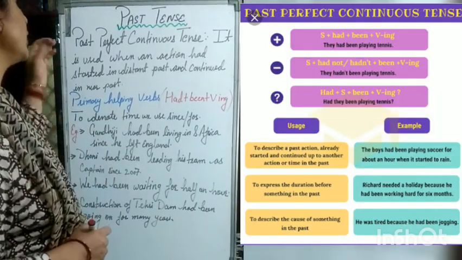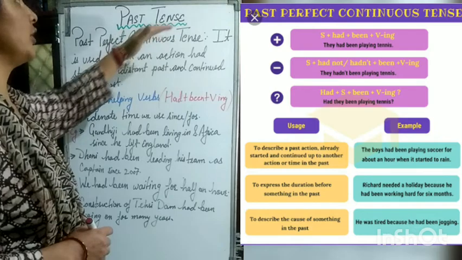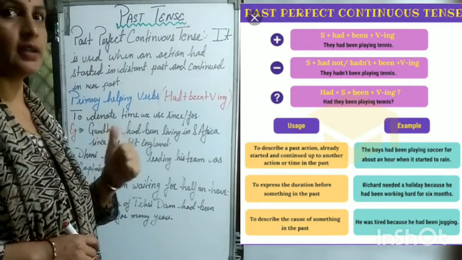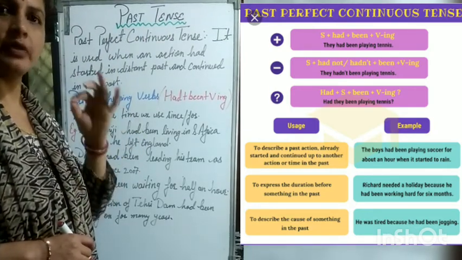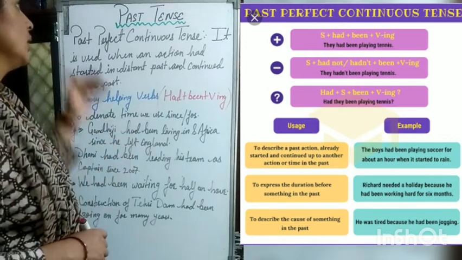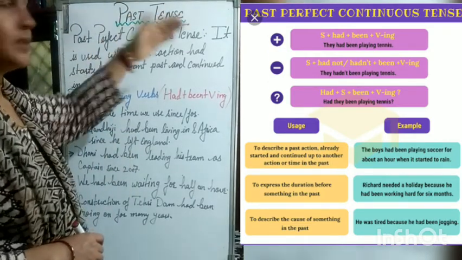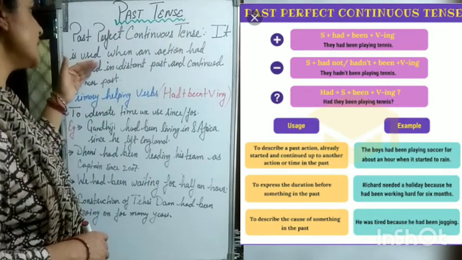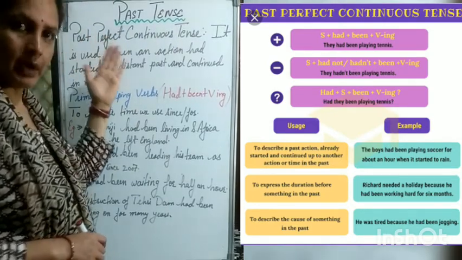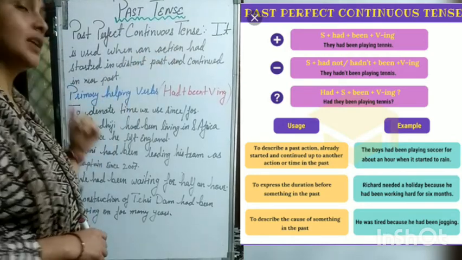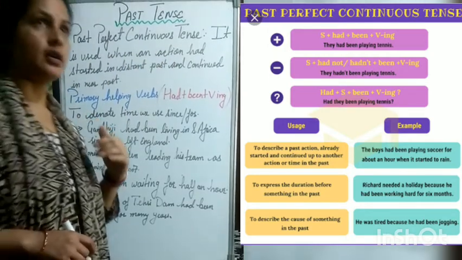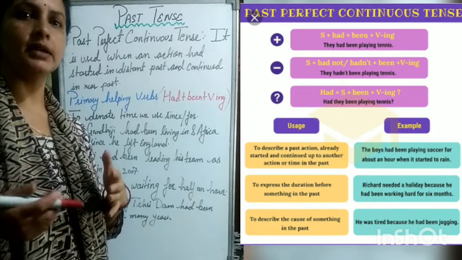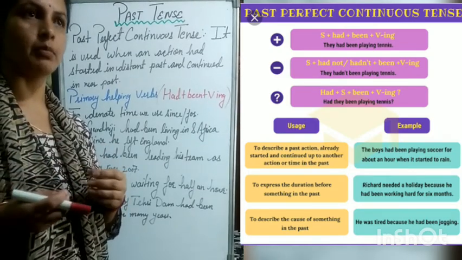Now we are going to discuss past perfect continuous tense. This is the last tense of past tense. It is defined as: it is used when an action had started in distant past and continued in near past. For a better understanding, let us take one example.